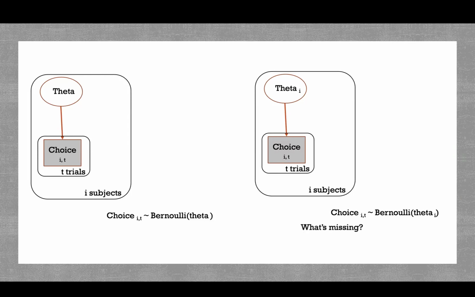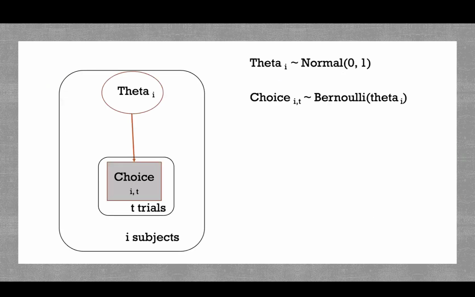So what's missing in between full pooling and no pooling? Yes. We're estimating a group level theta. Exactly, a partial pooling. Right?